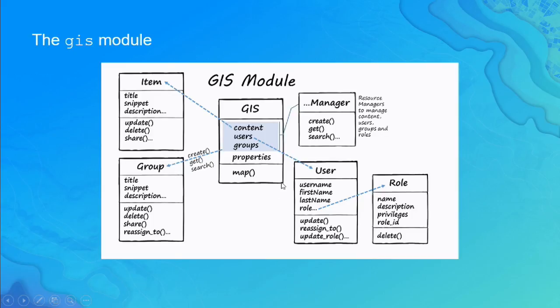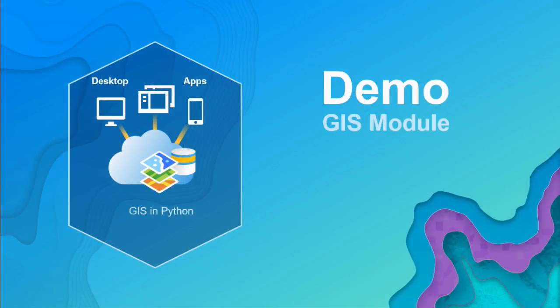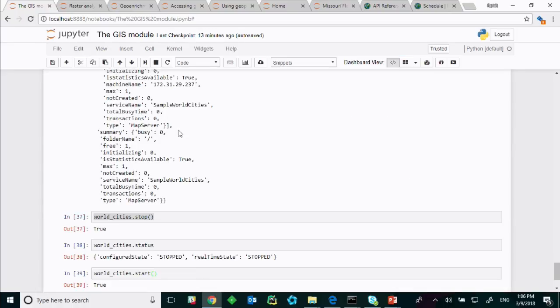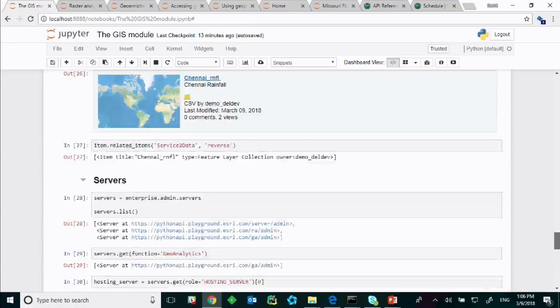They all follow the same pattern, and these are implemented using the corresponding manager classes. For each resource, which is items, groups, or users, you've got properties that you can use, and there are methods that work with that type. So you'll find that it's a similar pattern that works. Let's have a quick look at the GIS module in this notebook here.